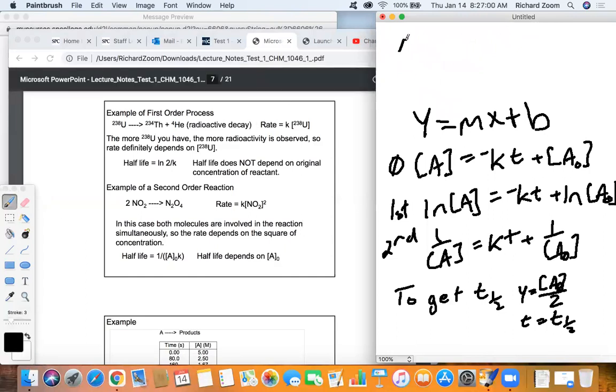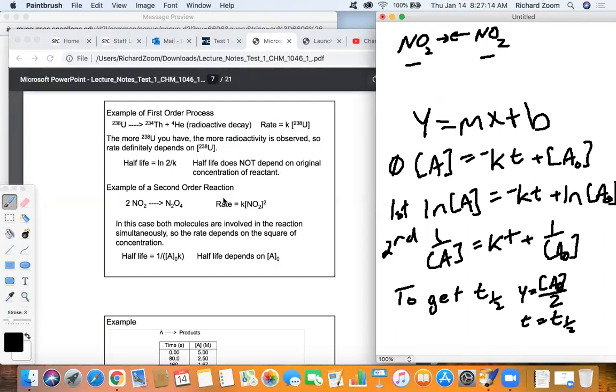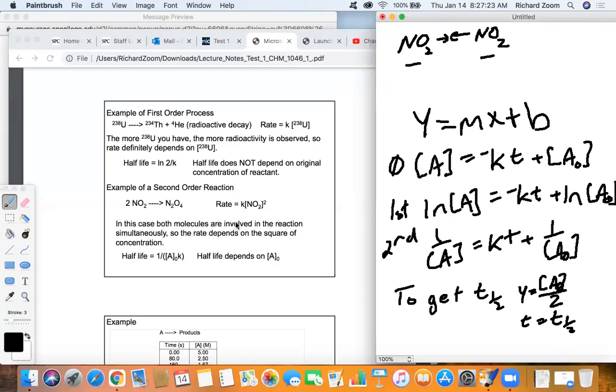The situation is that you've got NO2 colliding with another NO2 molecule, which is why it's second order, because in order to make that reaction go, it requires two molecules. So both molecules of NO2 are involved in what I'm calling the slow step of the reaction, which is probably the only step, and it's producing this product here. So that's how that relates to the rate.